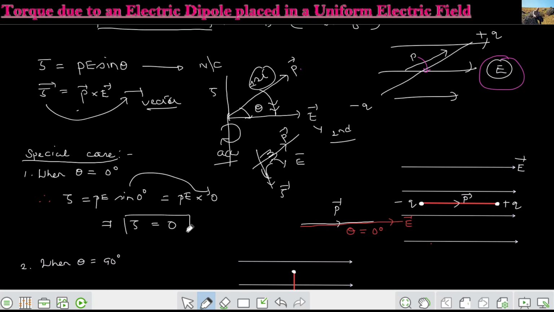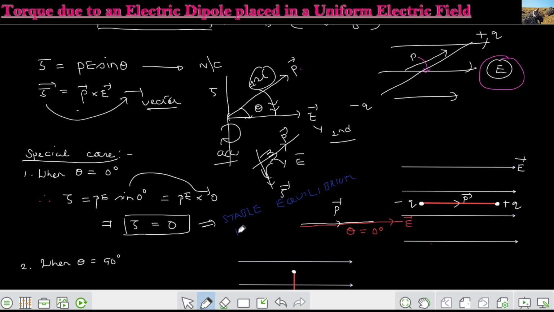What is the uniqueness of this equation? It tells us that the electric dipole is in what we describe as the stable equilibrium position, which means that it will not rotate.